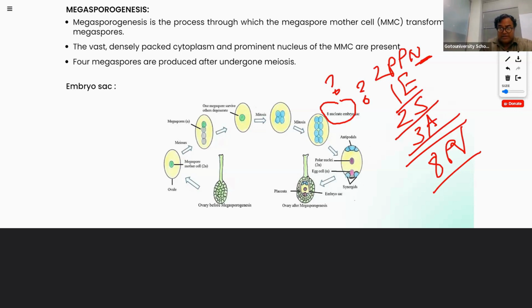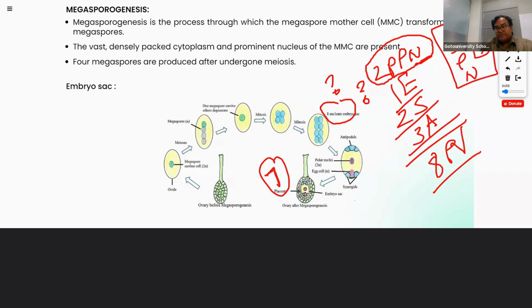And that is going to become a seven-nucleated embryo sac in this structure. How is it possible? The two primary polar nuclei, once they fuse, you get one secondary polar nucleus. This secondary polar nucleus and the egg and all these things put together become seven.